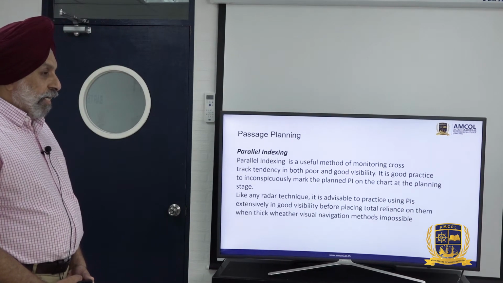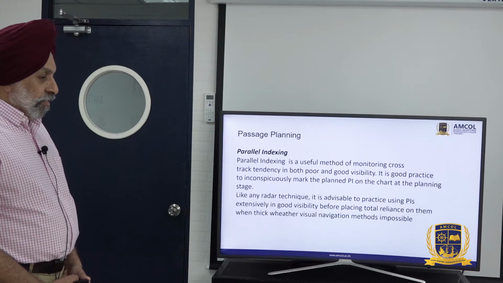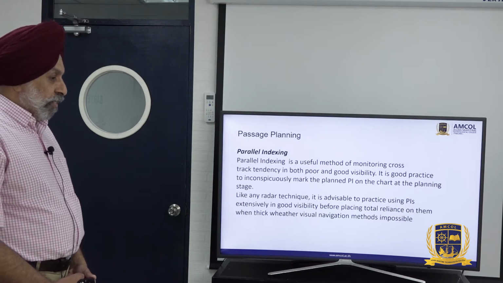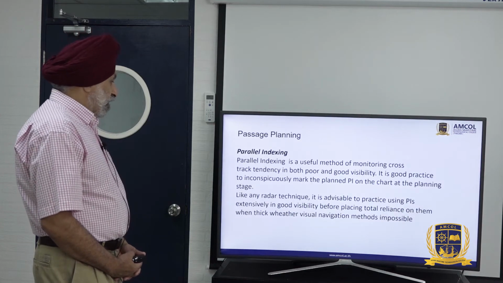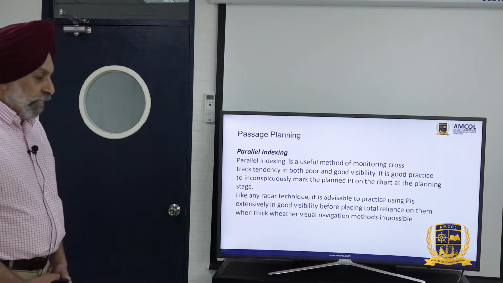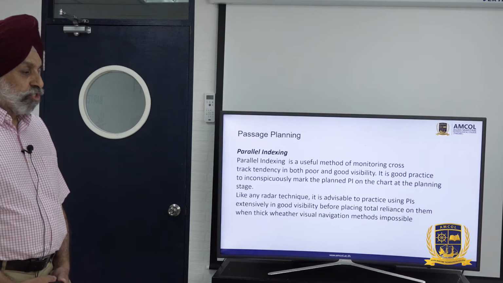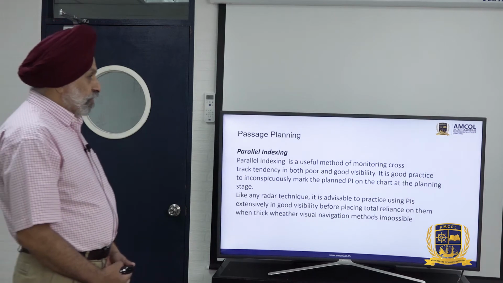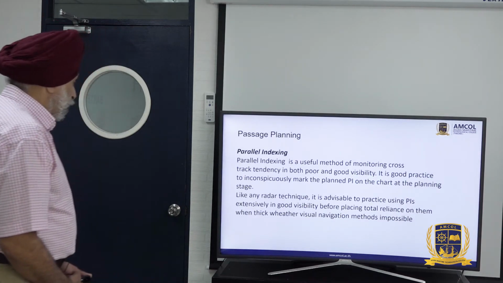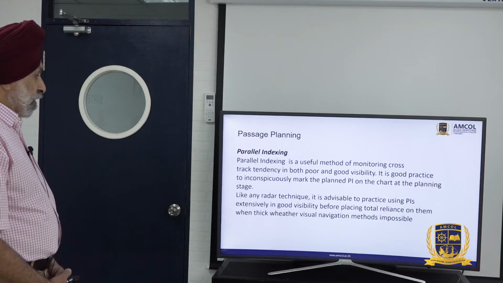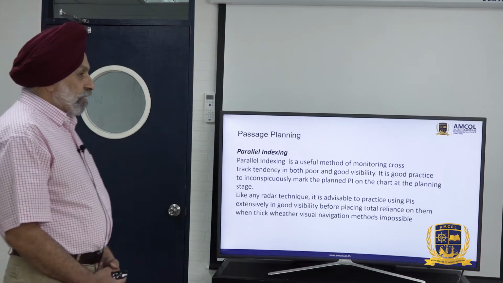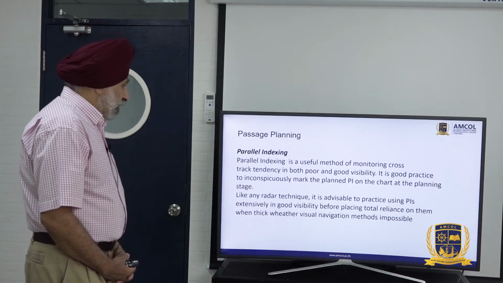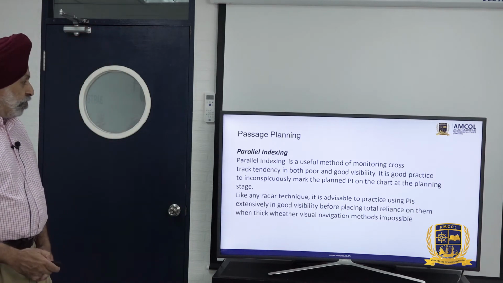So if at any time on your radar screen the vessel drifts towards this danger, you will immediately know through parallel indexing. This is a very effective tool, used by most pilots, masters, officers of the watch in coastal waters. We also call it PI, parallel indexing. It is a technique which the officer of the watch needs to learn and develop over time.